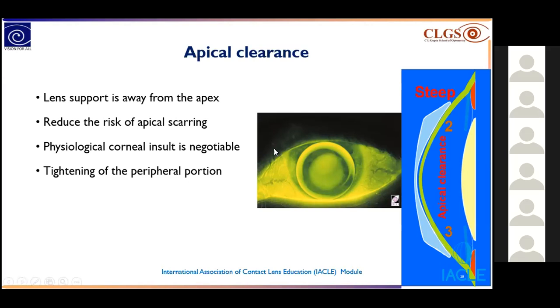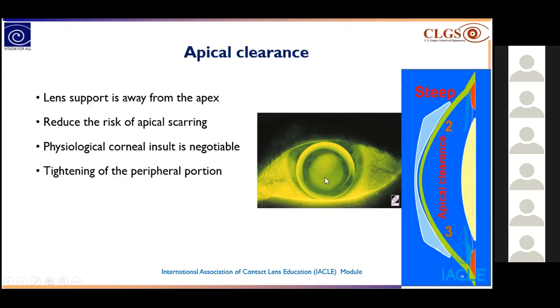As the maximum support of the lens in this type of fitting is in the periphery, there will be very little or no movement, which will make the patient more comfortable. But due to the pooling in the center, which you can see here, there will be very little movement, and there will also be no improvement in vision.